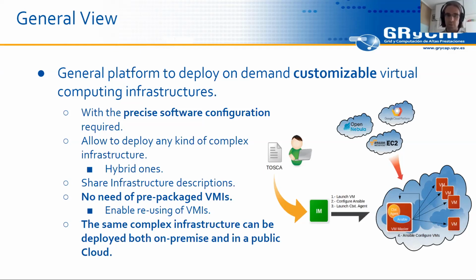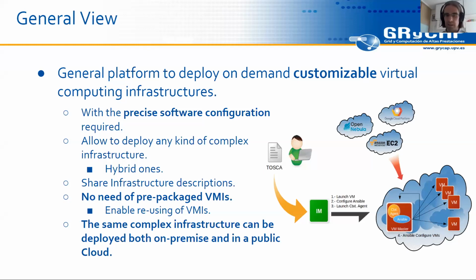It allows deploying any kind of complex infrastructure. It also enables, for example, hybrid cases. For example, you can deploy a front end and a set of working nodes on your own on-premise cloud infrastructure. And then in some moments, when you need some extra power, you can deploy extra virtual machines using, for example, a public cloud provider such as Amazon or Oracle.